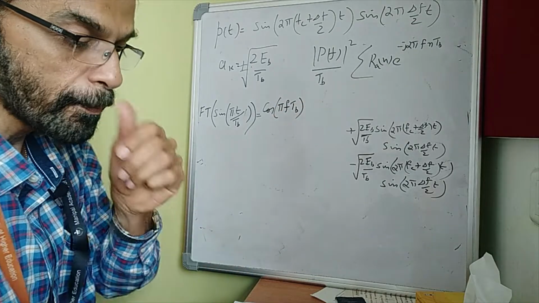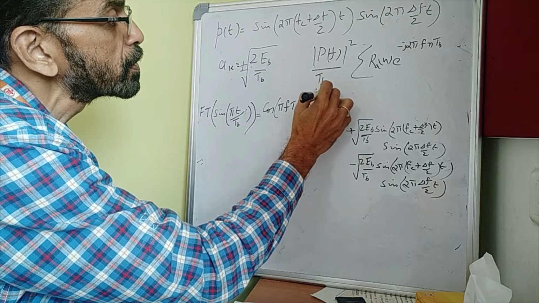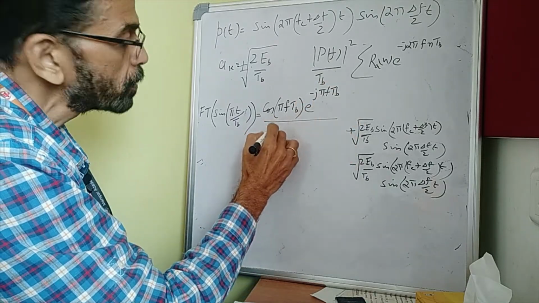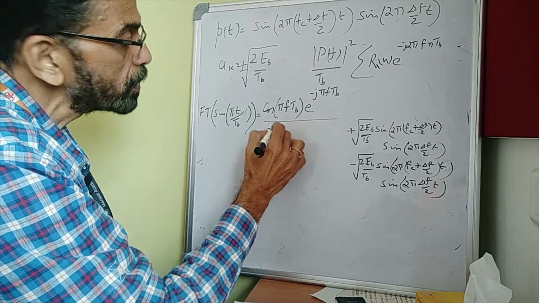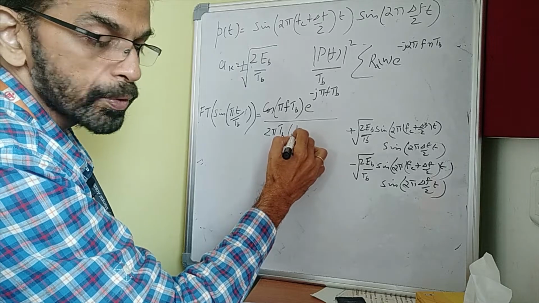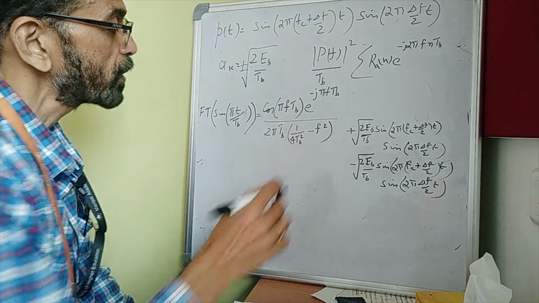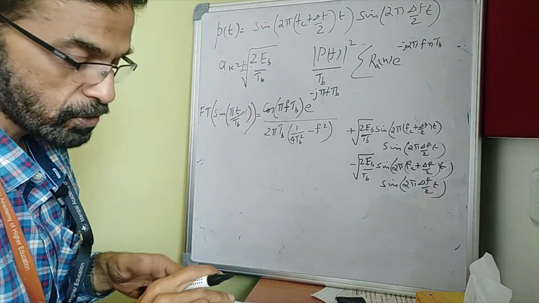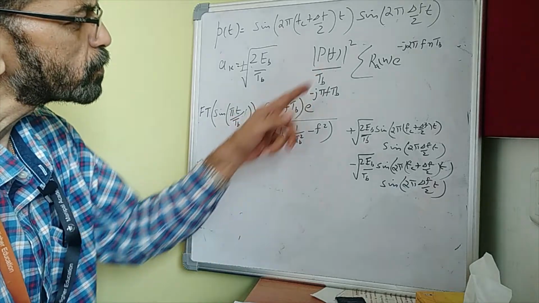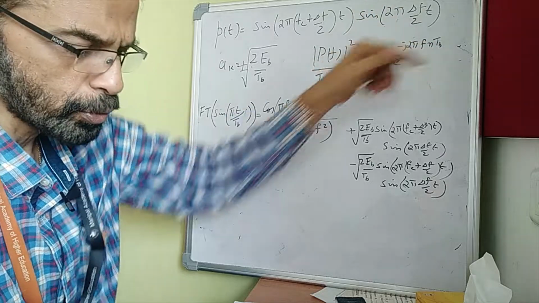Remember, this p(t) is defined in the interval 0 to Tb. So you calculate the Fourier transform, you get it like this, the Fourier transform of this part alone.